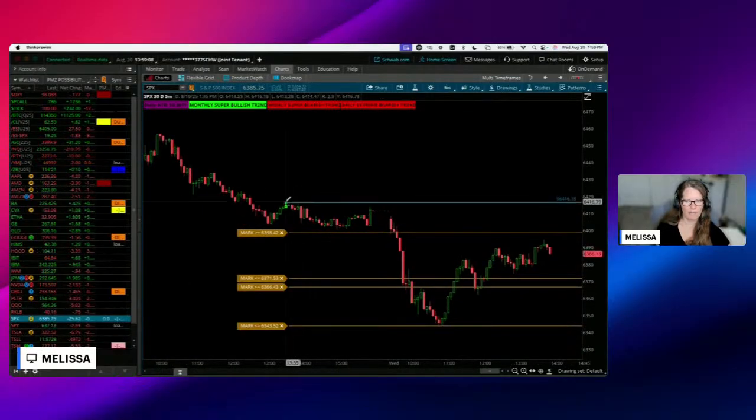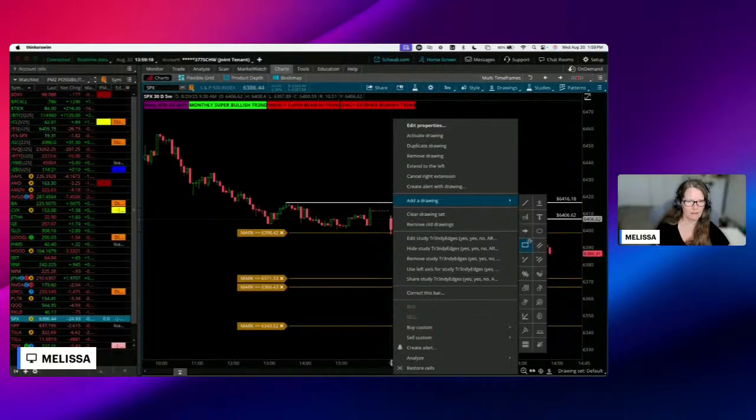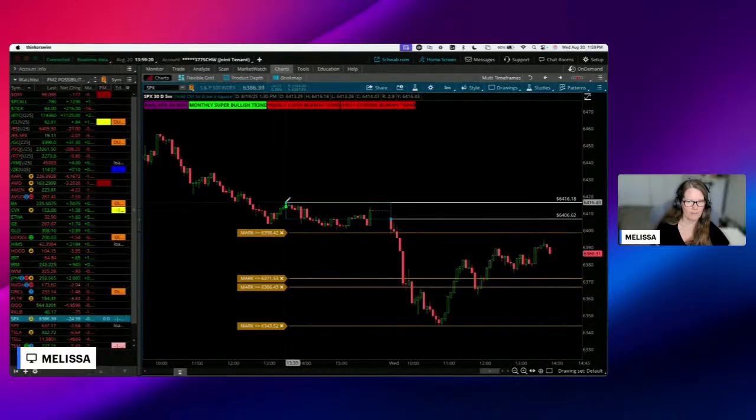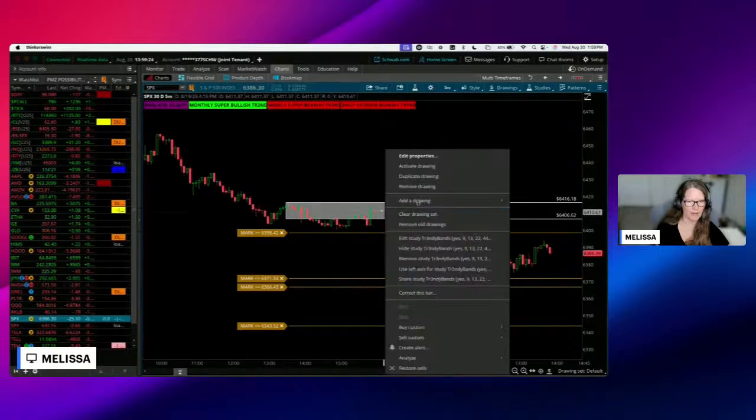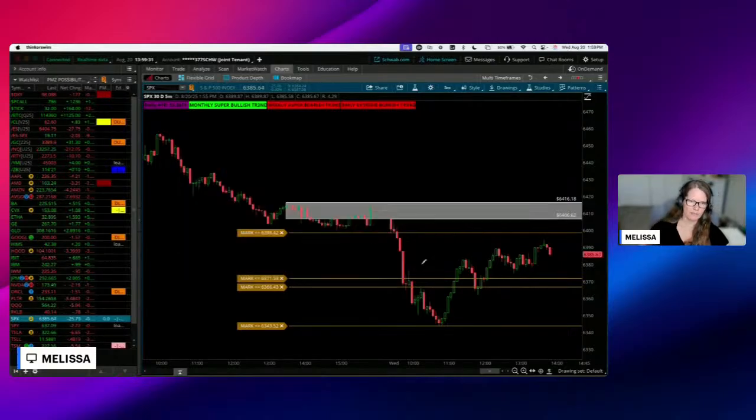Just looking at a 5-minute chart, I can see I have a ceiling here, and then I would put the bottom of that right there on that big candle down where we created a little topping wick here up near yesterday's close. This would be my resistance level on SPX.